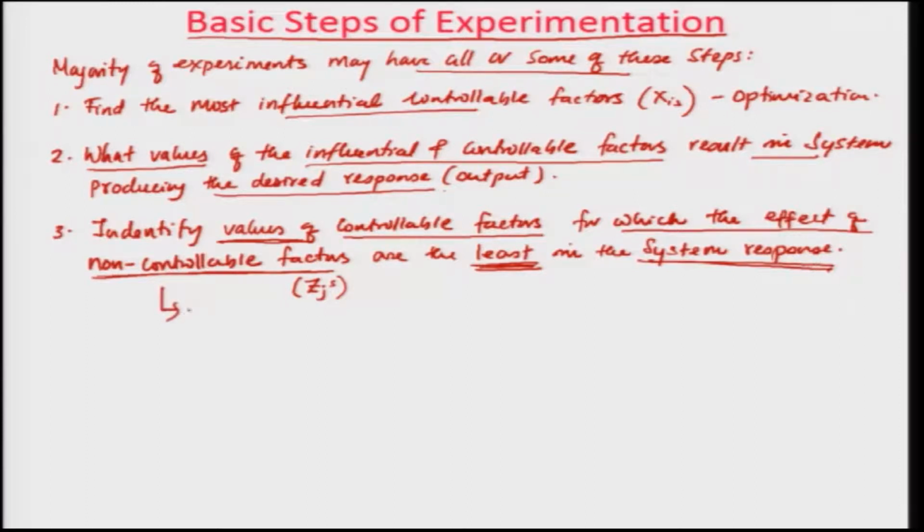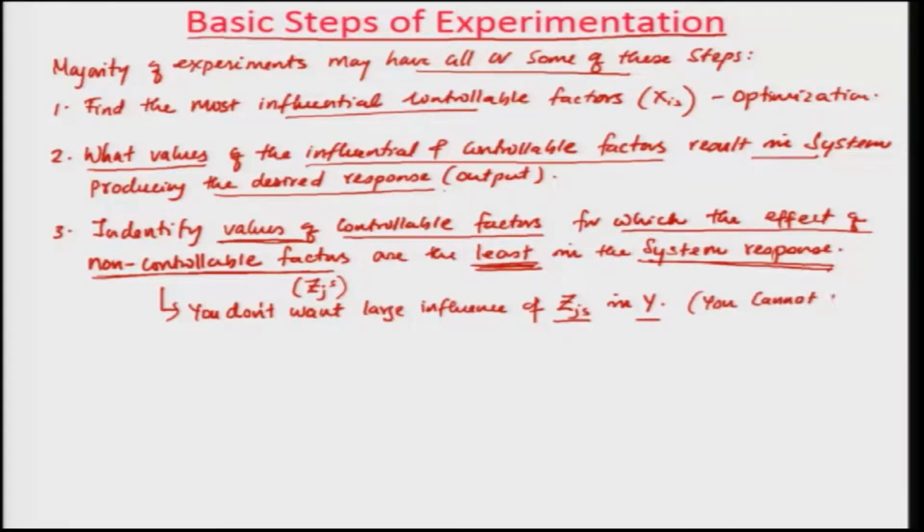Because you do not want a large influence of Cj's in Y. If you have a large influence of Cj's in Y, then you cannot predict. Okay. That is the reason why you do not want a large influence of Cj's in Y, because you are interested in building the empirical model that can predict the behavior of the system.